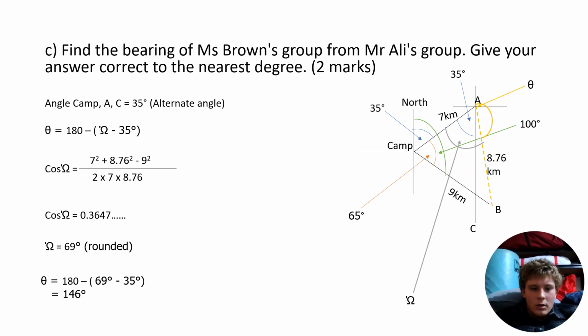Then theta equals 180 minus bracket 69 minus 35 degrees bracket, and that means the bearing of Mrs. Brown's group from Mr. Ali's group is 146 degrees.